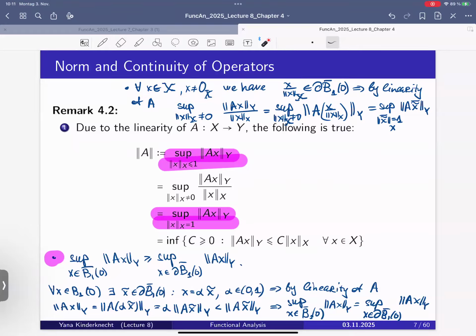Okay, so I hope it is clear that we have now shown that the norm is the same as such a supremum. Okay, so what happens here?